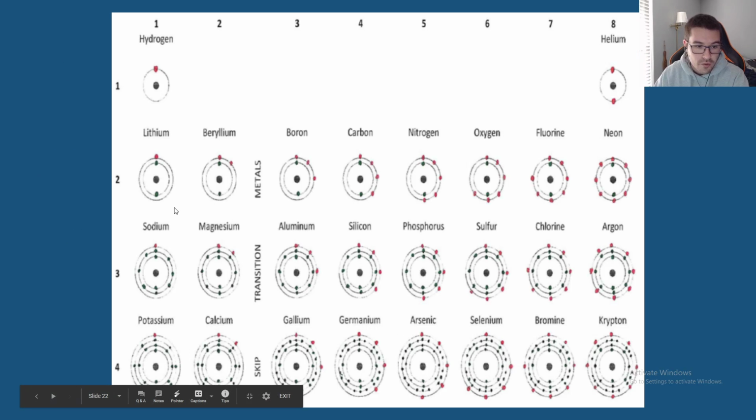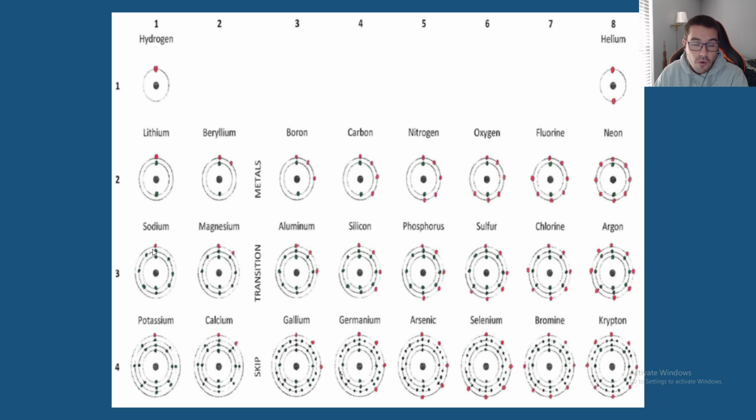If I go to my Bohr models here, let's compare lithium to sodium. Not only is sodium's valence electron further away from the nucleus, resulting in a lower attractive force, it also has all these extra core electrons that are repelling it compared to lithium. Both of those factors combined result in a decrease in the amount of energy you have to spend to take the electron away.